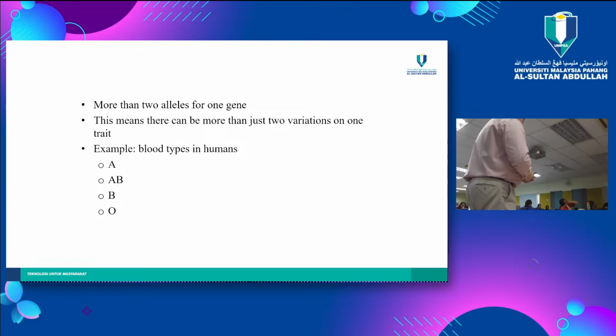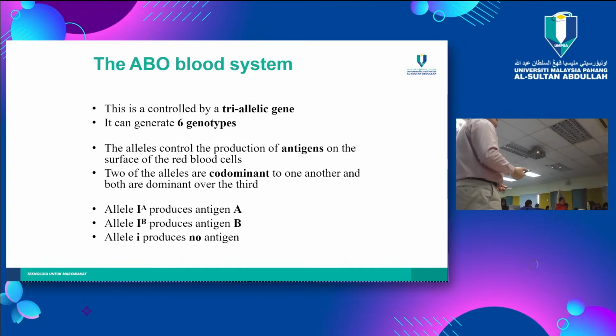This is an example of multiple alleles, which I think explains what we have discussed just now. If we have the allele of A, the allele of B, and the allele of i, the recessive one, then it produces no antigen.